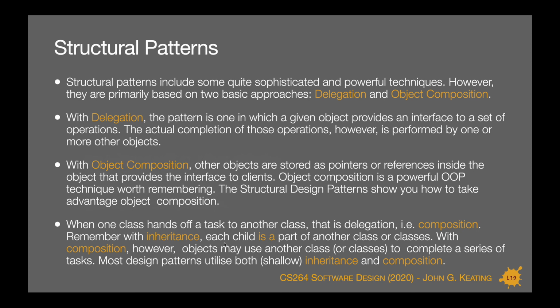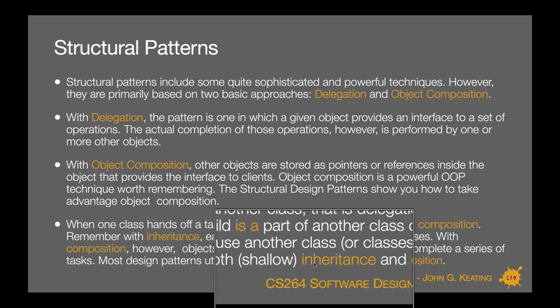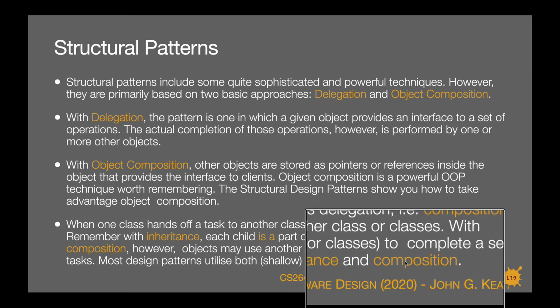So when one class hands off a task to another class, that's delegation. That's composition, for example. With inheritance, each child is a part of another class or classes. With composition, however, objects may use or utilize other class or classes to complete a series of tasks. And most design patterns include both shallow inheritance and also composition.